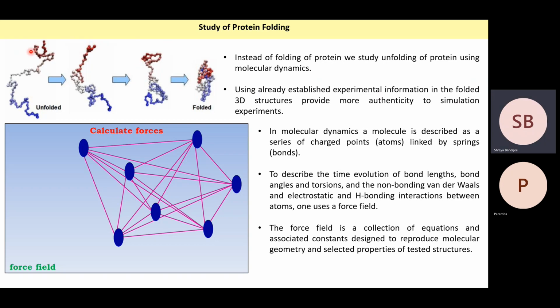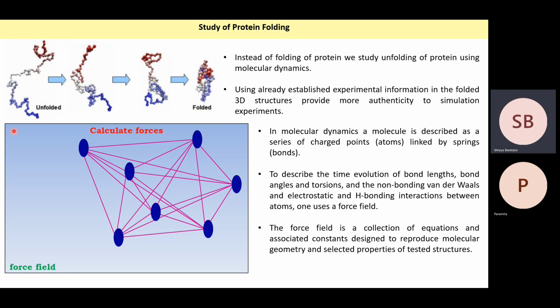However, if you want to start from unfolding, it is very difficult, because constructing the initial model of the unfolded structure is very difficult. So far, NMR crystallography or cryo-electron microscopy has not been able to give us a very good idea about the unfolded state.